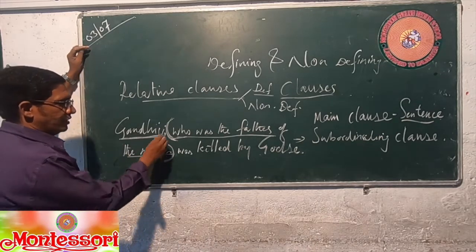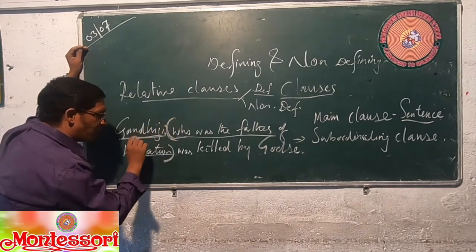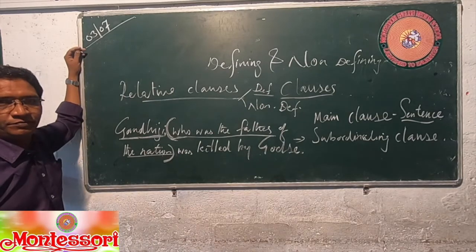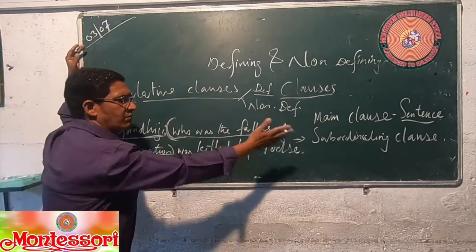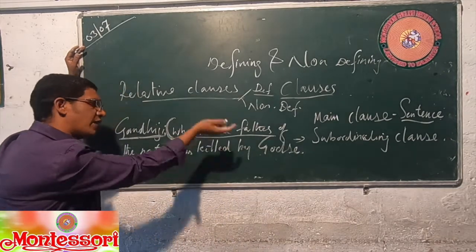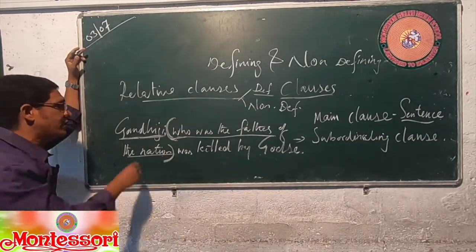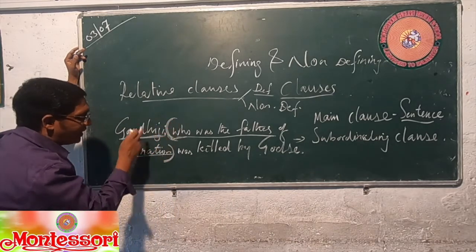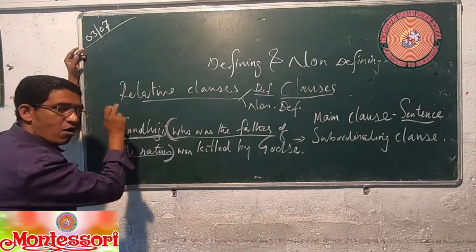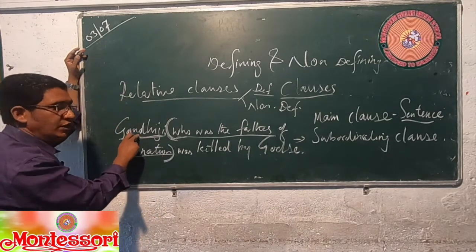Now this is giving more information about Gandhiji. Gandhiji, who was the father of the nation, was killed by Godse. So here, who was the father of the nation is additional information about Gandhiji. Therefore, without this also you can understand Gandhiji, and it is not modifying or defining Gandhiji.